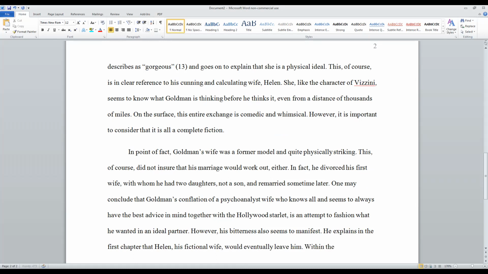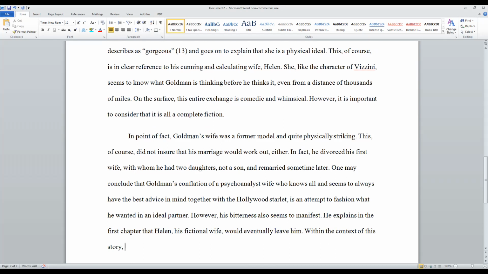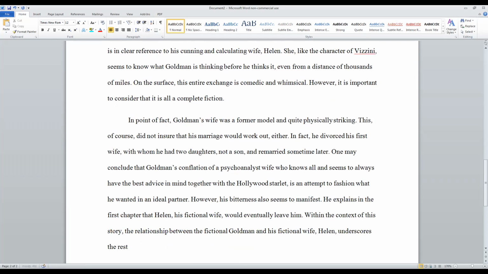Within the context of this story, the relationship between the fictional Goldman and his fictional wife, Helen, underscores the rest of the relationships in the novel.